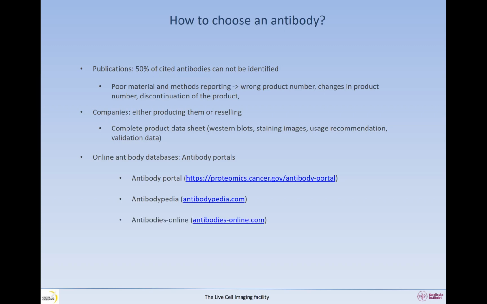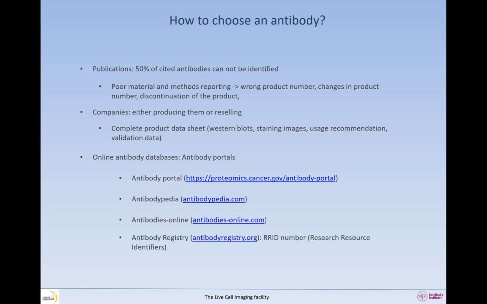Another portal is Antibodies Online. Here, independent labs can do validation studies, generally at the vendor's expense, and those antibodies which pass the validation test receive a so-called independent validation badge.